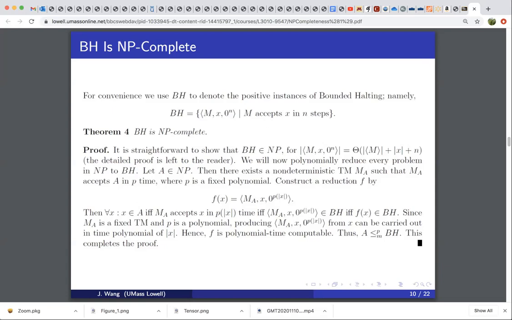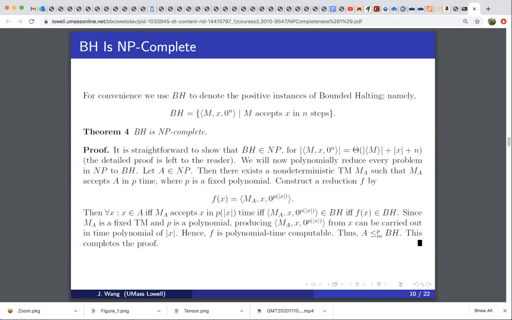So you just follow the transition function and verify on the guess you have whether it actually ends at an accept state. So I already gave you the proof. So now we will reduce in polynomial time every problem in NP to BH.